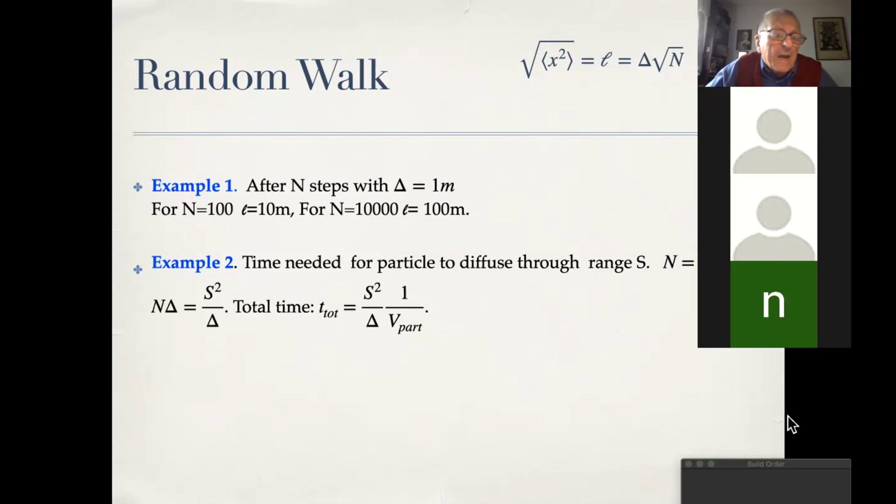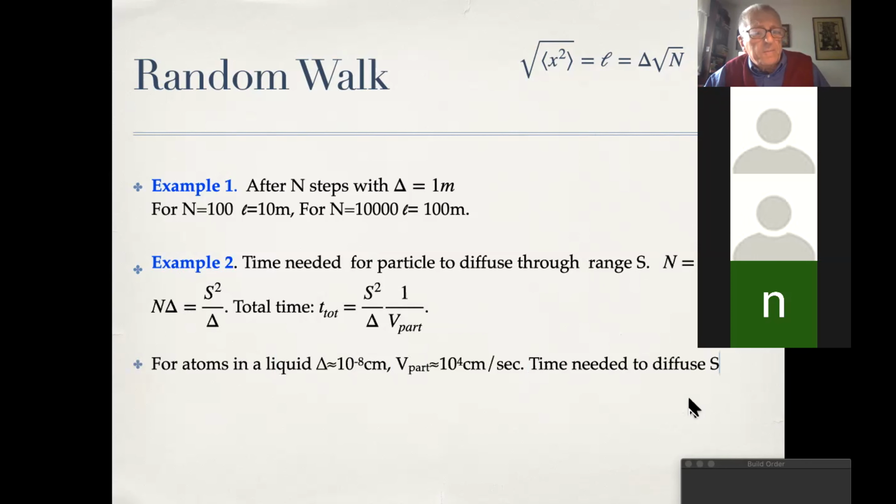So the total time is S squared divided by delta, divided by the velocity with which the particle is moving. I am making an assumption that for each step, the particle moves with the same velocity, v part.